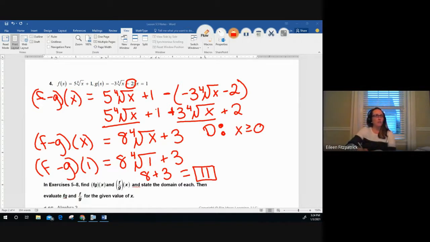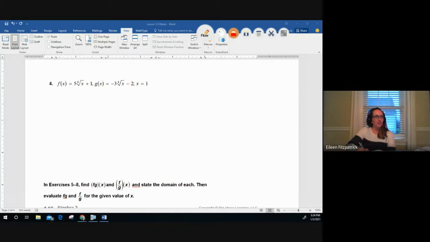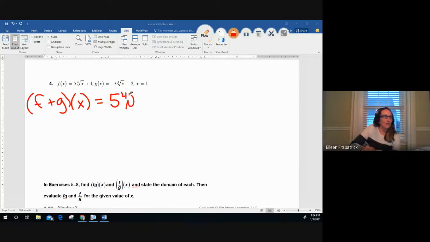If I just go back for just a quick second, in case you actually copied the problem down correctly, in the last one when I did f plus g of x, I'm going to just jot down the correct answer because, again, I did not, for some reason, when copying the problem down, see this minus 2.